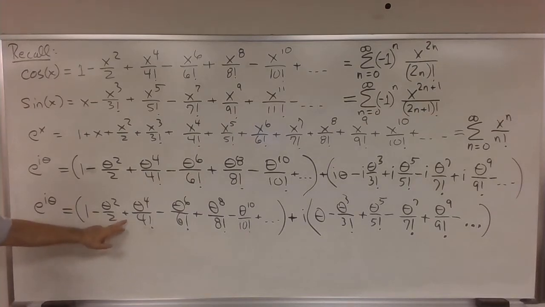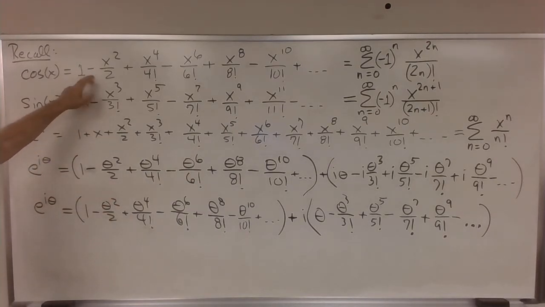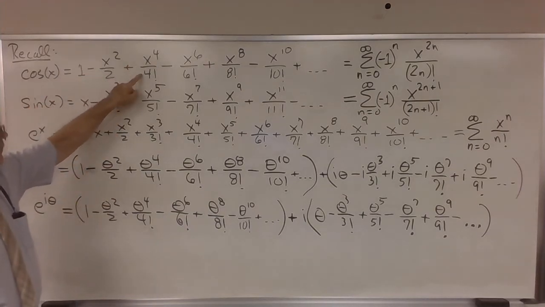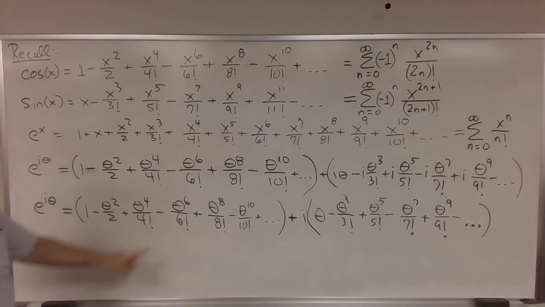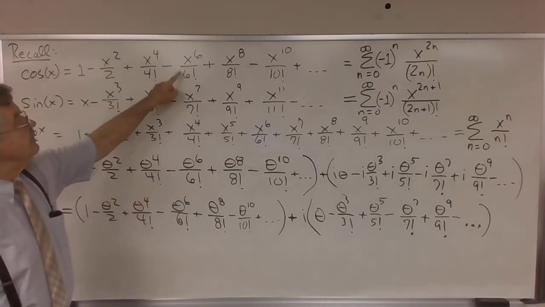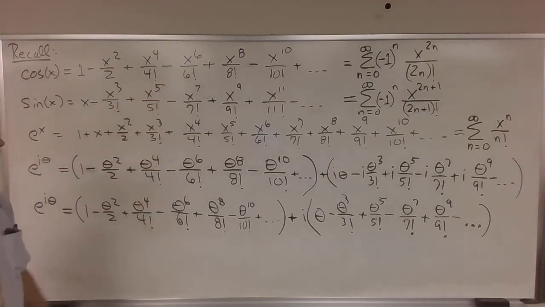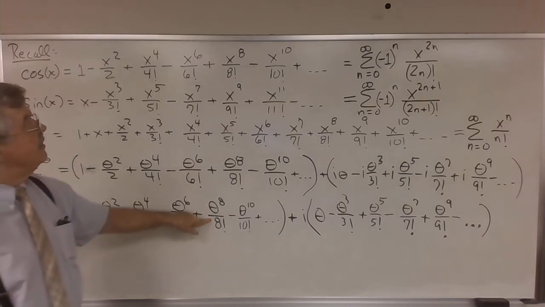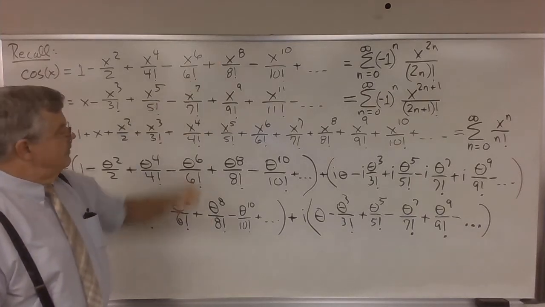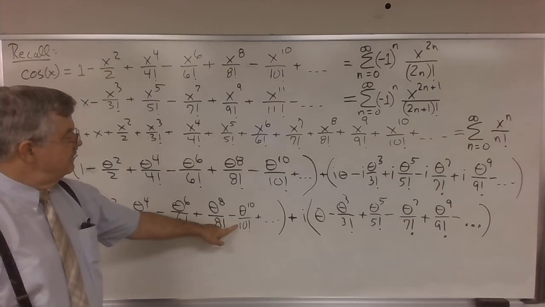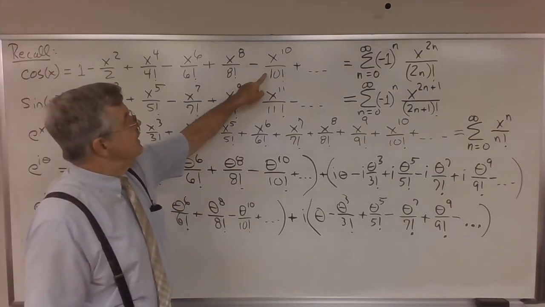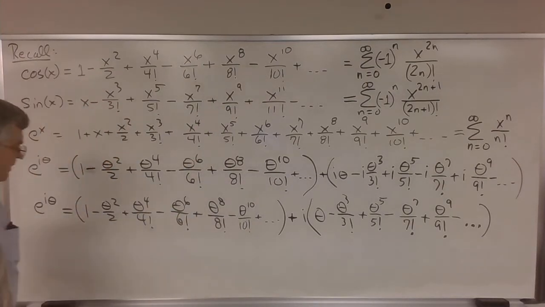This thing is exactly the same as this thing, except up here we have x's instead of thetas: 1 minus x squared over 2 plus x to the 4th over 4 factorial minus x to the 6th over 6 factorial plus x to the 8th over 8 factorial minus x to the 10th over 10 factorial.